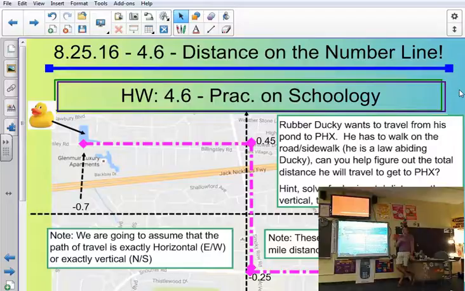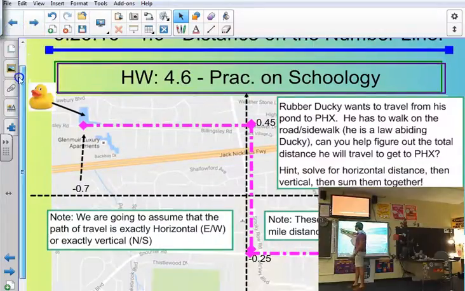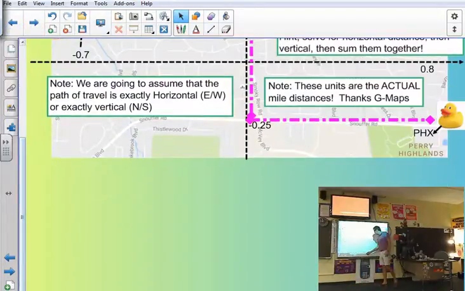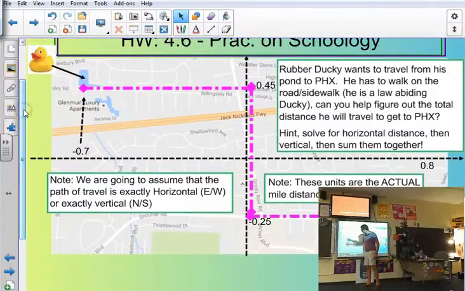What sort of math do we do in order to do that? We can subtract. Normally the distance or difference between things uses subtraction.